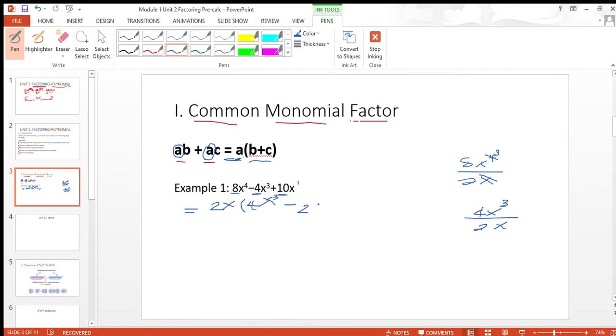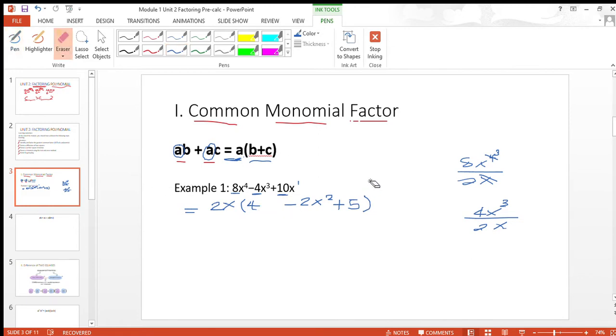X cubed divided by x will be x squared. So that will be minus 2x squared. And then plus 10 divided by 2 will be 5. And then x divided by x will be 1. So that will now be our final answer. We have 2x times 4x to the fifth. Let me just fix that.